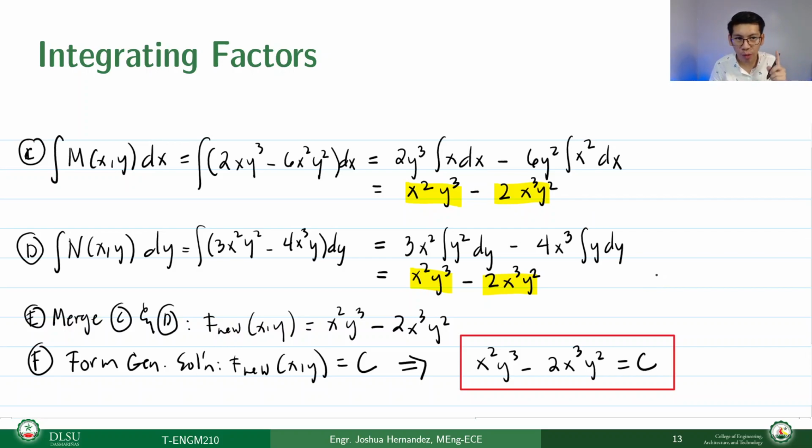Now, the next question you might ask perhaps is, how do we find an integrating factor?